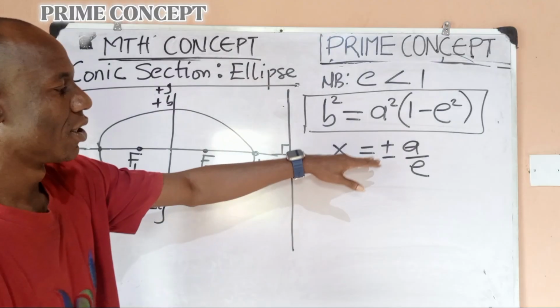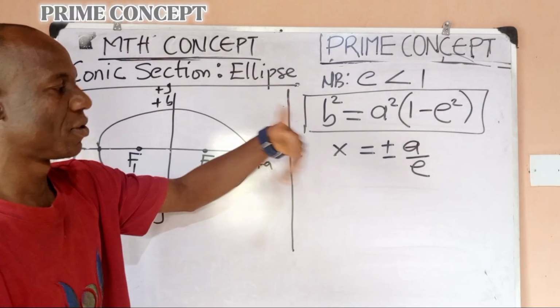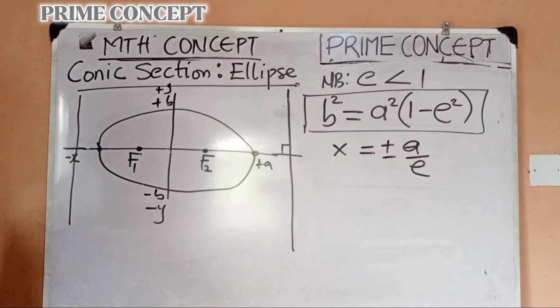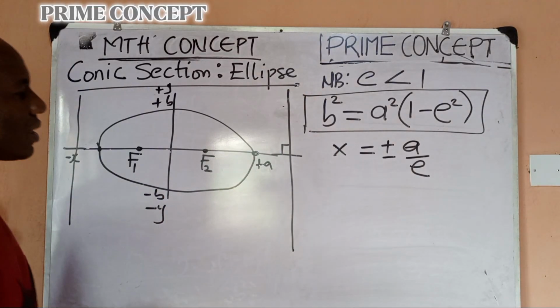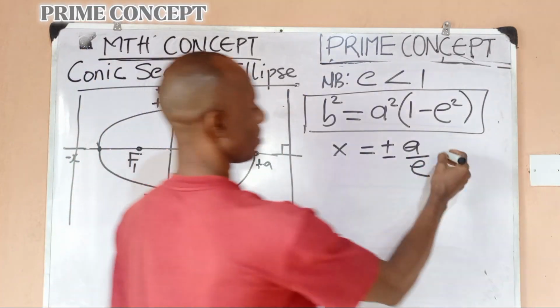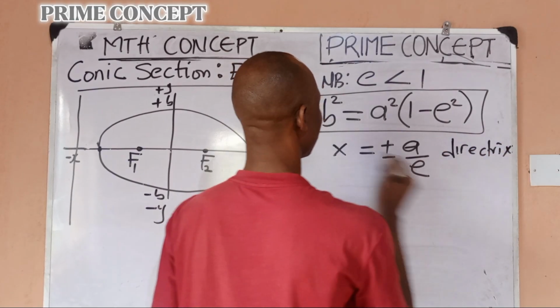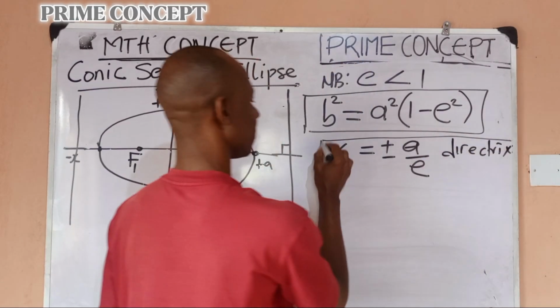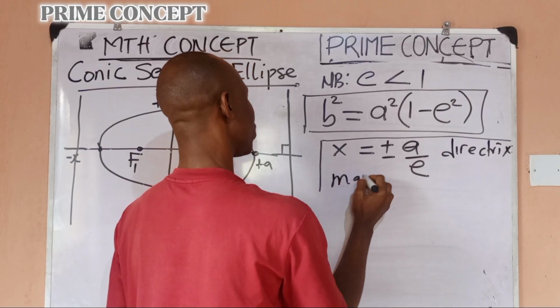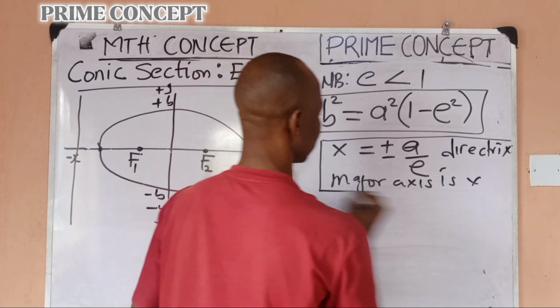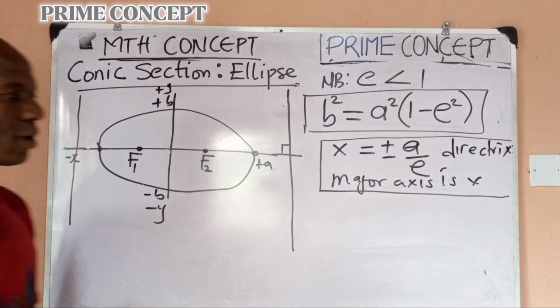This is when your x-axis is the major axis. If it's the reverse, we would say y equals plus or minus a over e. Remember, this is the equation for the directrix, when the major axis is x.